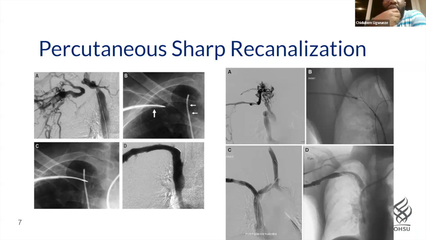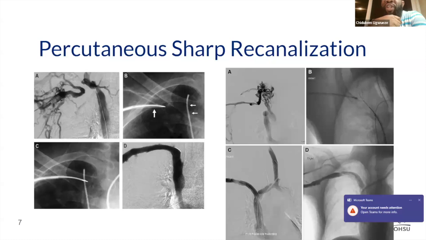So one of the main concerns, like you mentioned, is damage to surrounding structures. In this case, you could damage the lung apex. You can go through the lung apex. You can go through the subclavian artery. However, we have to understand that the angle of your trajectory is very, very crucial.